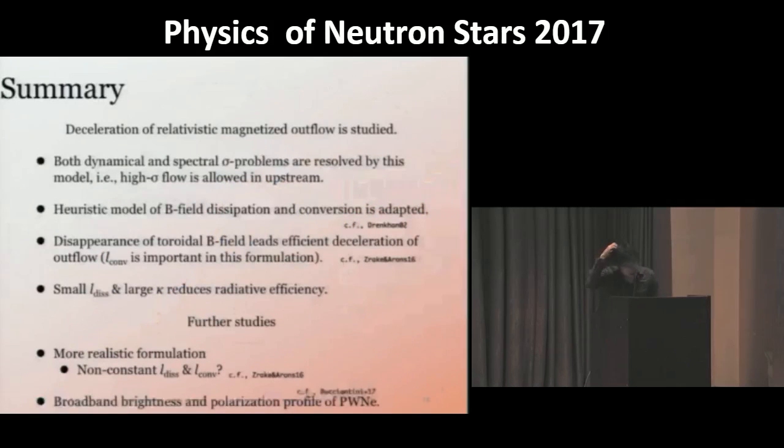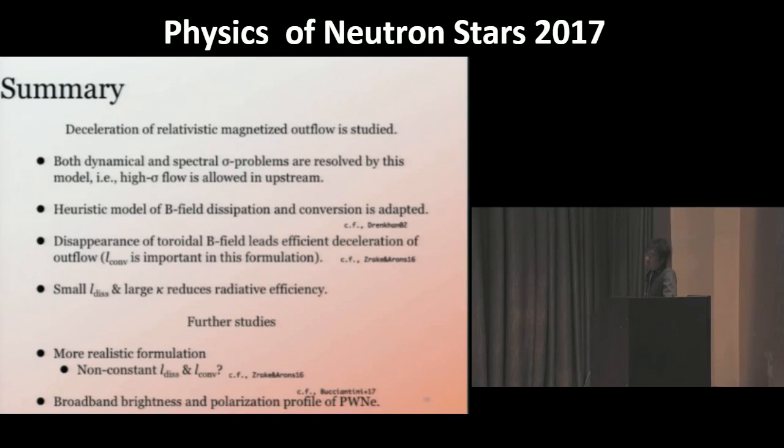Okay, so this is the summary of my talk. We consider the deceleration of the relativistic magnetized outflow, and both the dynamical and spectral sigma problems are resolved by the model. It means that high sigma flow upstream of the termination shock is allowed.